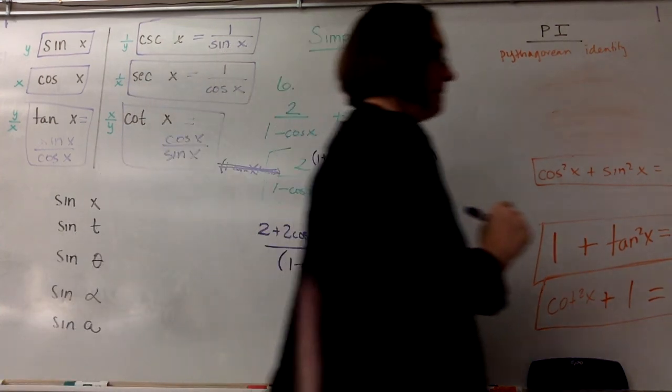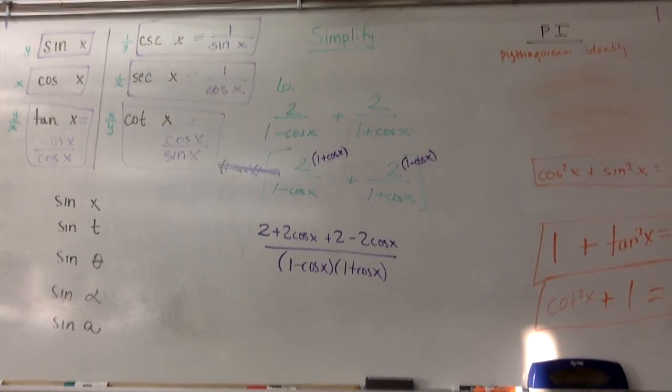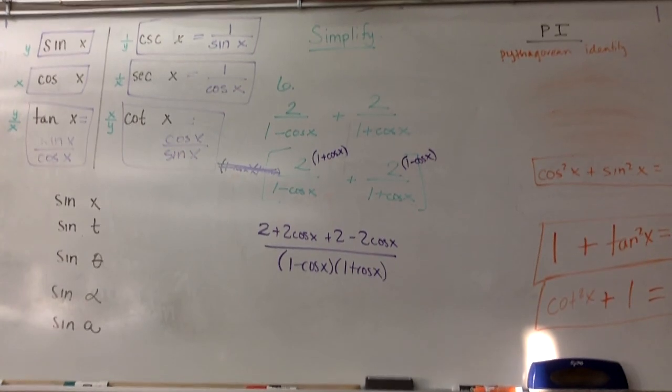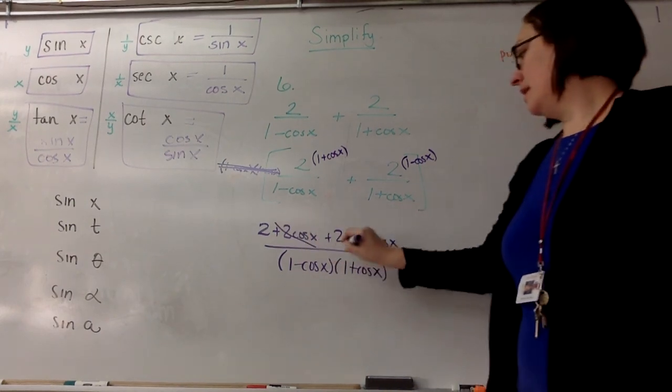Too fast? Are we okay? What cancels? The 2. Which 2's? 2 cosine x. Yep, and negative 2 cosine x.